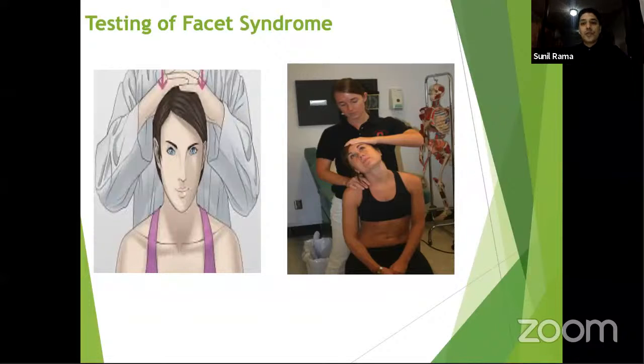The image to the right shows a test whereby the cervical spine is taken through extension, lateral flexion, and rotation. We do this from the second cervical facet right up until the C7. So from C2 to C7, we perform this test. It's called the Kemp's Test. Now, a thumb pressure or web of index or the thumb is used, and a positive test is usually indicative of localized pain at the facet.